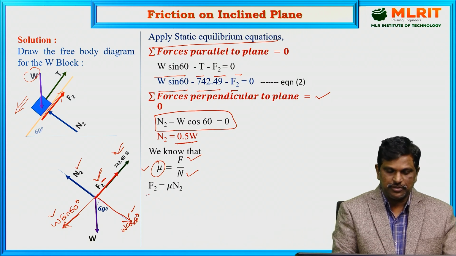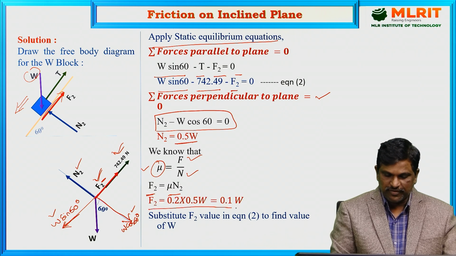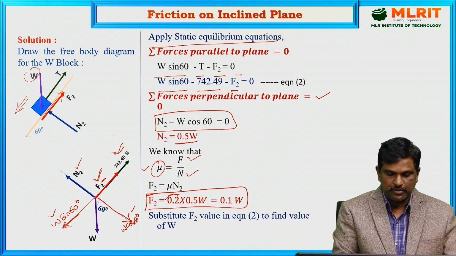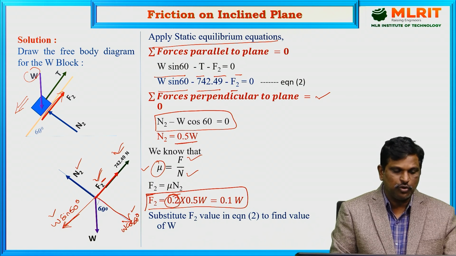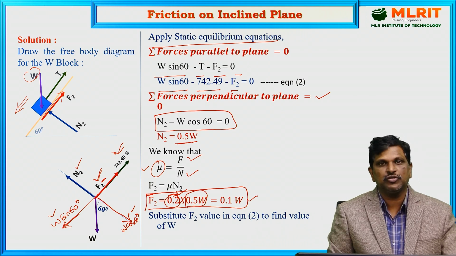Using this relation, calculate F2 value. The coefficient of friction between the W Newton block and the plane is given as 0.2 in the problem, and N2 we got 0.5 W. So F2 is equal to 0.1 W.